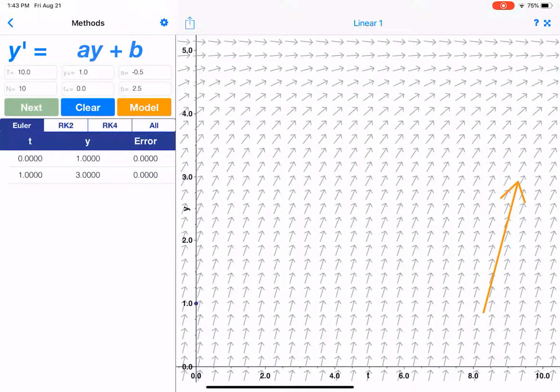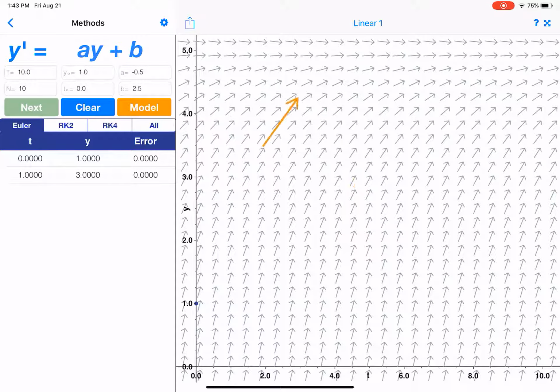Here I've put an arrow on the screen, and that arrow is going to change its trajectory based on the slopes in the slope field. So I'm going to attach this arrow to my initial point y of 0 equals 1.